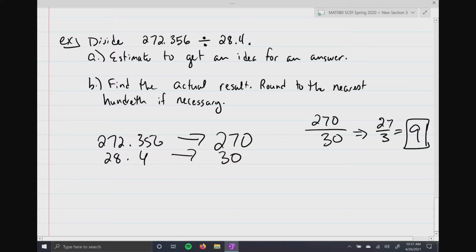So that just gives me an answer. I know that when I do this problem, I should get somewhere around 9 or maybe 8.5 or maybe 9.5, maybe 10, like somewhere around the number 9. If I get somewhere around the number 9, I feel really good about myself. So now let's actually find the real answer. Okay?